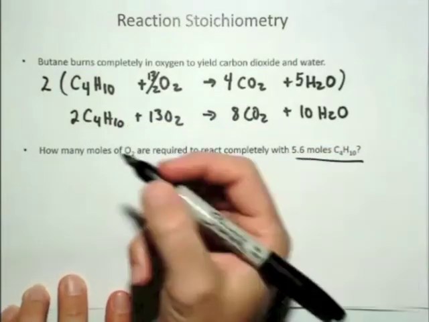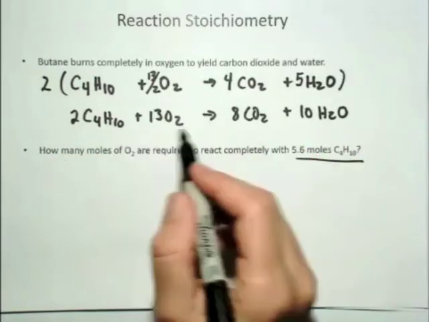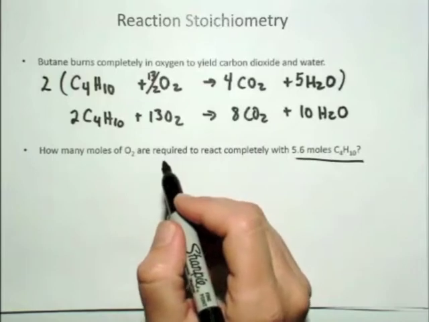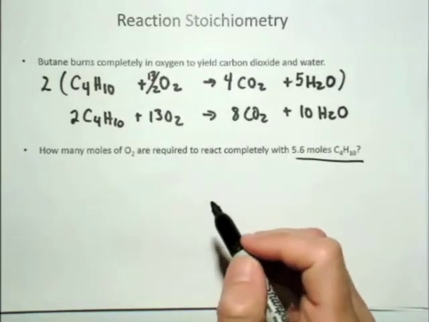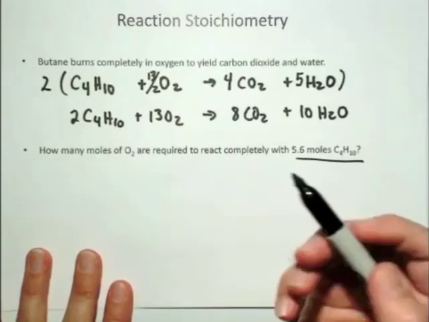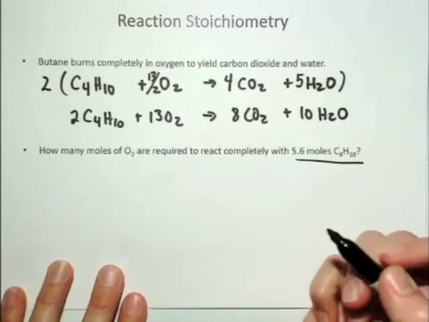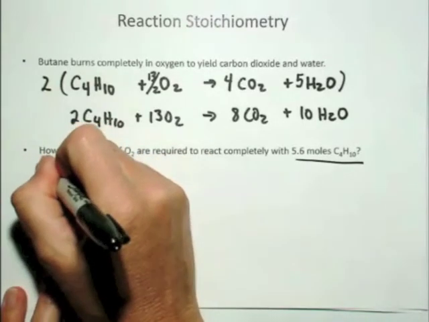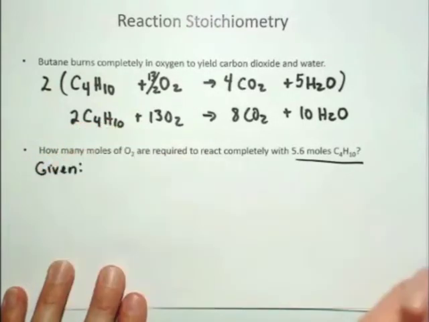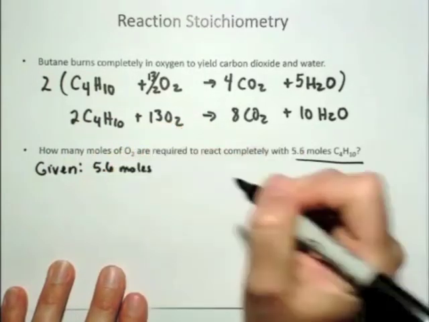So what you do is, because the chemical reaction is balanced, it's an equation, you can actually use the equation as a conversion factor: knowing the amount of one reactant or product, predict the amount of the other reactant or product that is going to be needed or produced. So what I mean is just start with what's given. You're given 5.6 moles of butane.